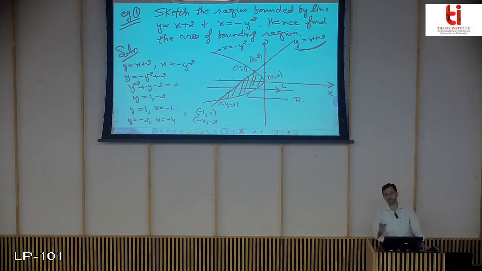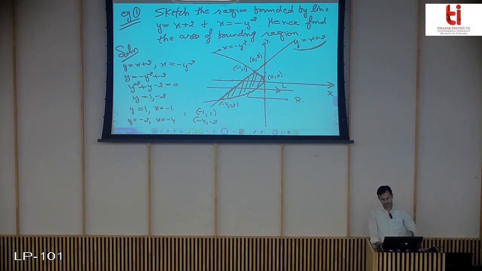Now clearly one thing you must remember: whenever it is entering this region, the boundary is the same. It is not like for some values of y it is entering at this curve and for some other values of y it is entering at some other boundary. It is the same. Similarly, it leaves at the same boundary everywhere. You can take the imaginary line at any part of the region.